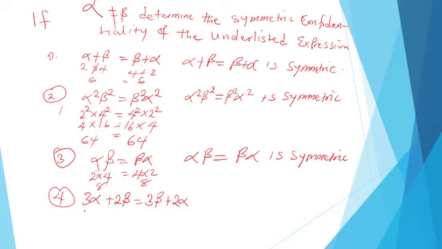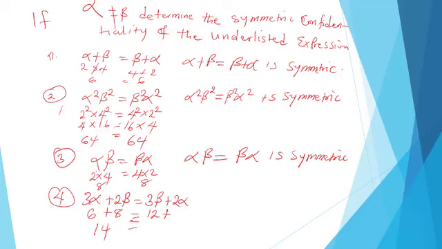Our alpha here is 2. 3 times 2 is 6, plus our beta is 4, 2 times 4, 8. 6 plus 8 is 14. Let's see if we have the same answer here. 3 times 4 is 12, plus 2 times 2. Our alpha is 2 and our beta is 4.